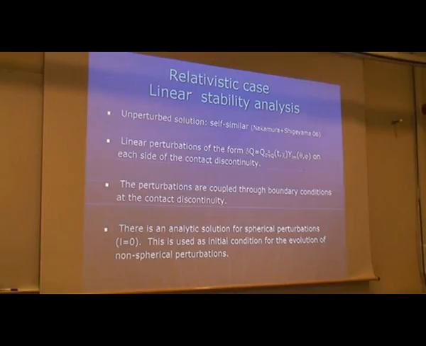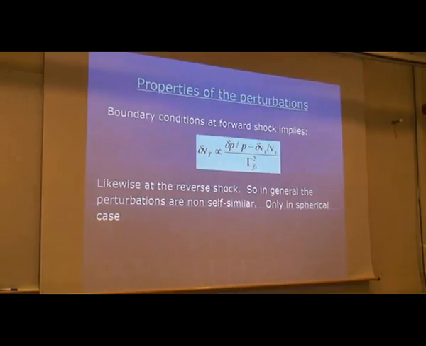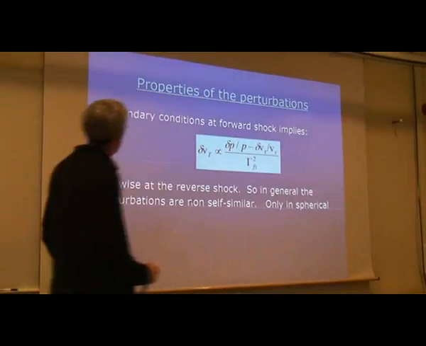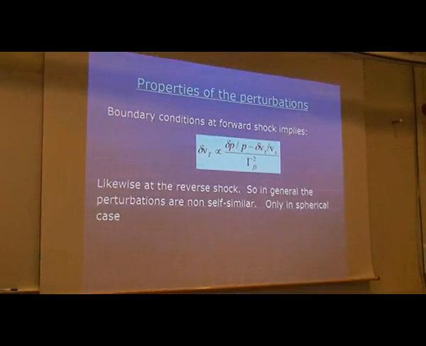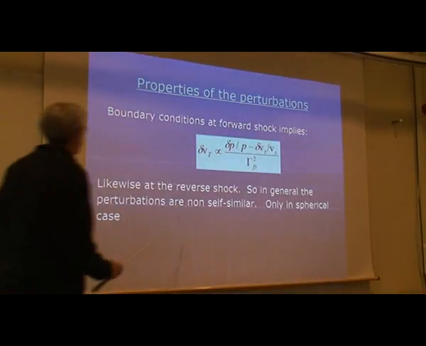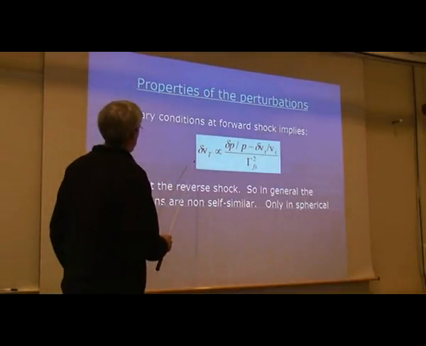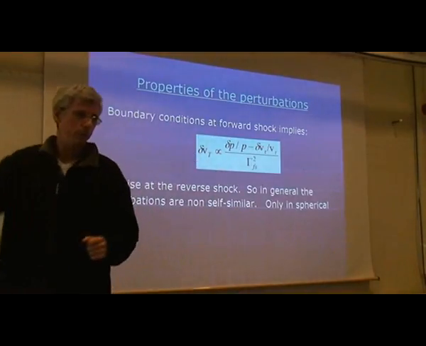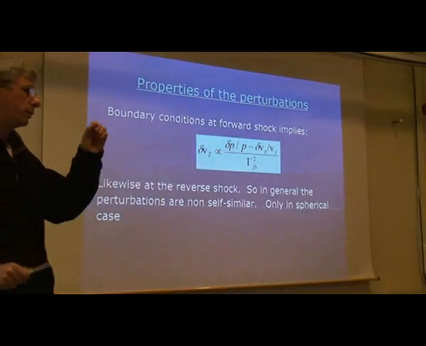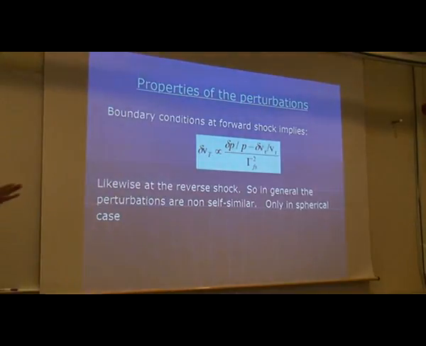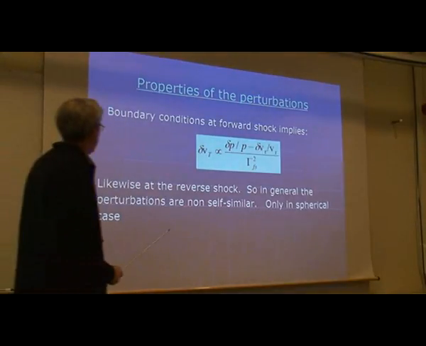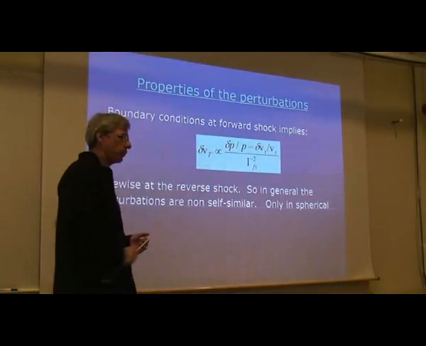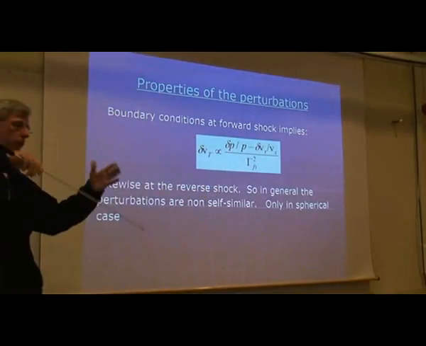Let me just mention this point about the properties of the perturbation. As I said, the reason why they're not self-similar, you can see here. This is one boundary condition at the shock. Essentially, the perturbation equations have boundary conditions at the two shocks and two boundary conditions at the contact. This is a bit technical. Now, the perturbed solution also has a transverse velocity component, of course, because the shock becomes corrugated.